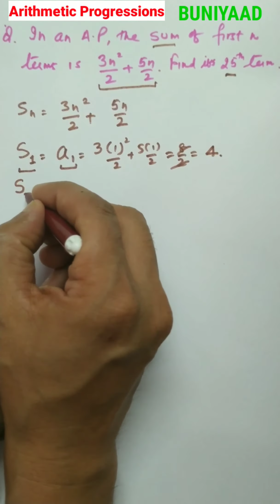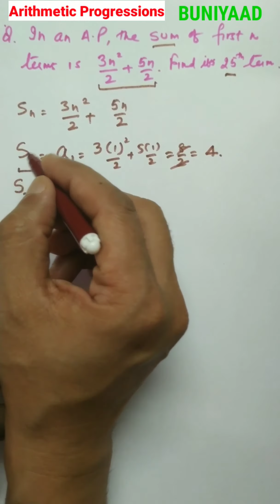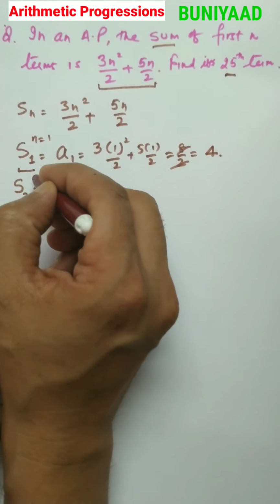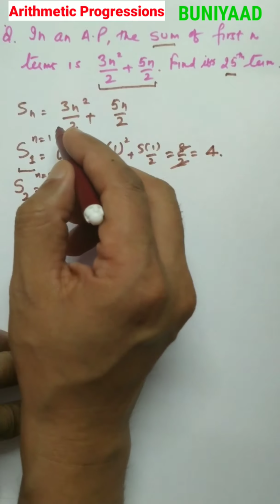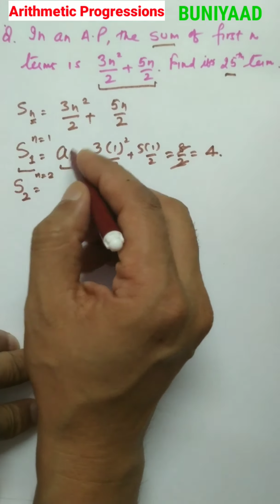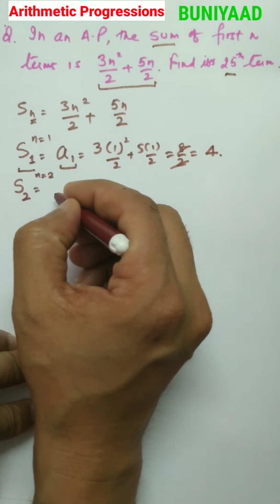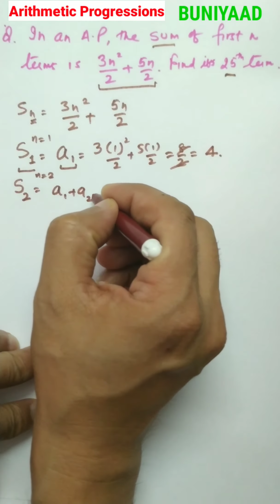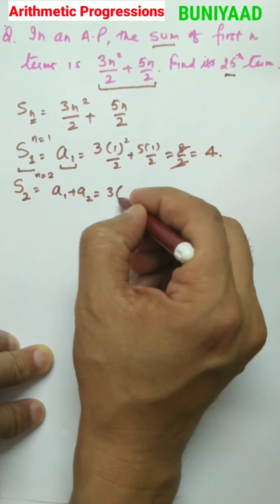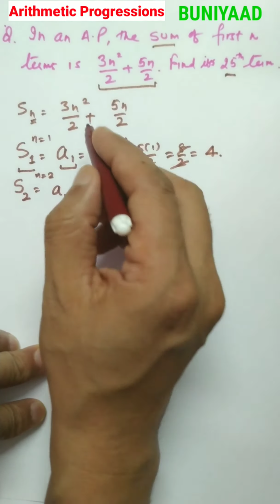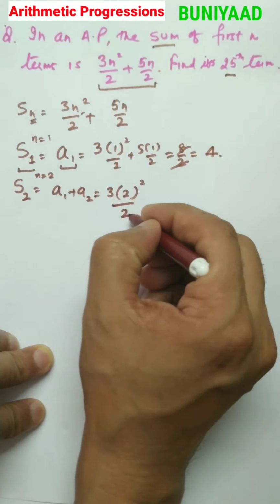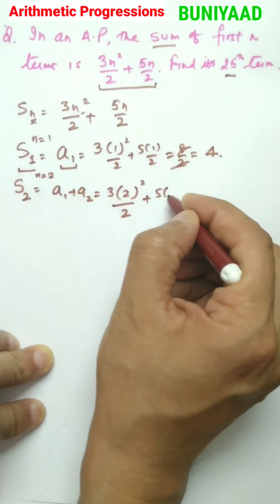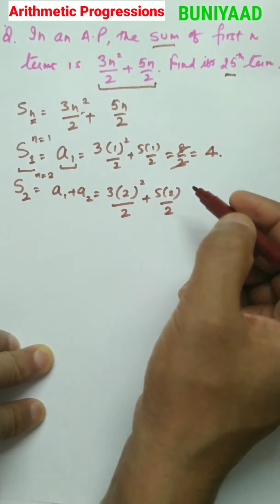What is the meaning of S2? This is the case when n is 2. S2, on putting 2 here, what is the meaning of S2? It means the sum of first two terms, that is A1 plus A2. Now instead of n, I am putting 2 here, plus 5 into 2 upon 2.